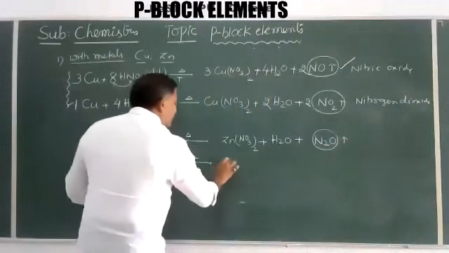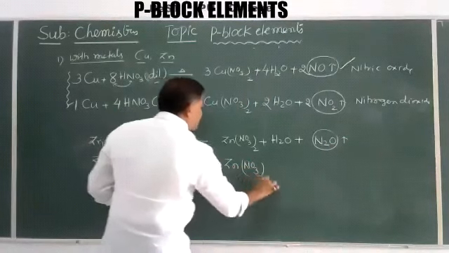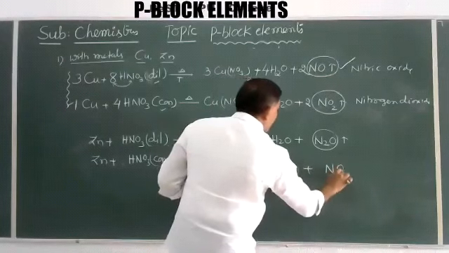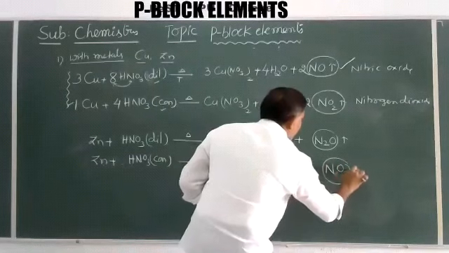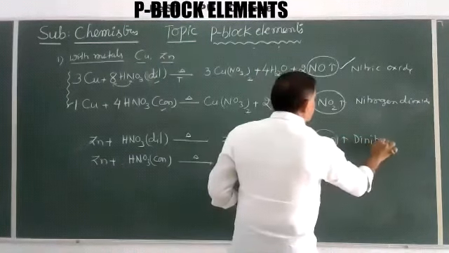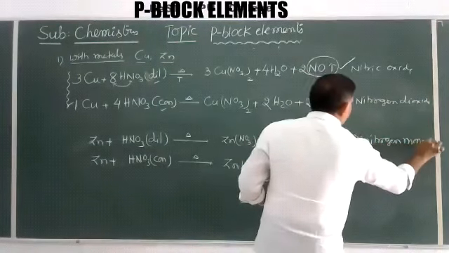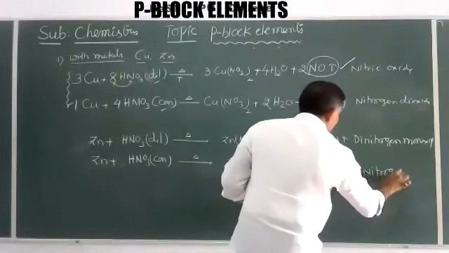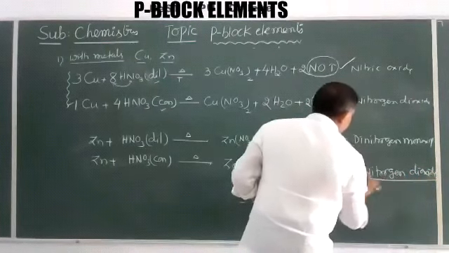Whereas in the case of concentrated, we get Zn(NO3)2 plus H2O plus NO2 formed, nitrogen dioxide. This is dinitrogen monoxide, and this is nitrogen dioxide.